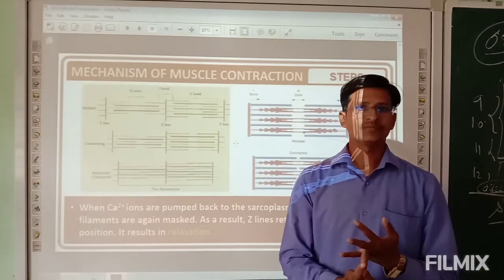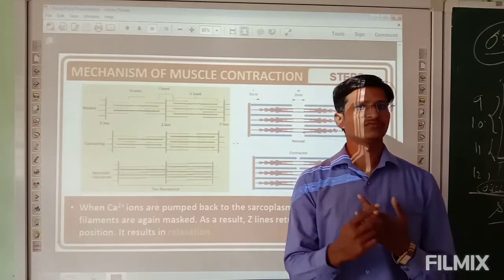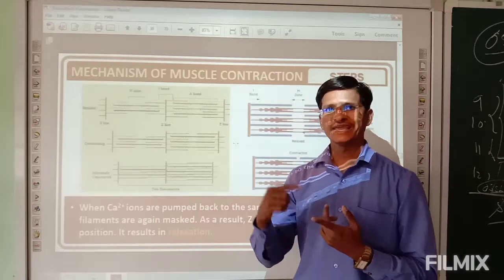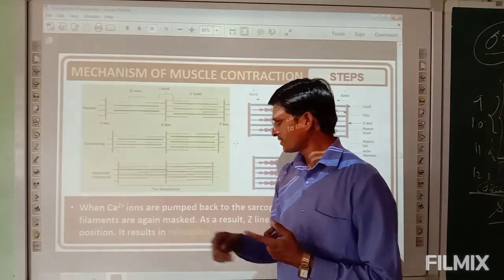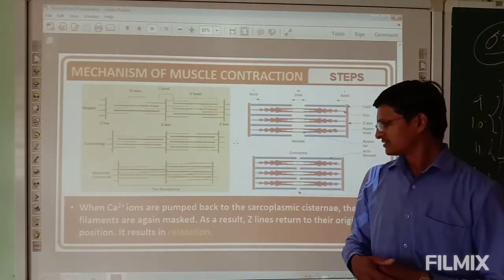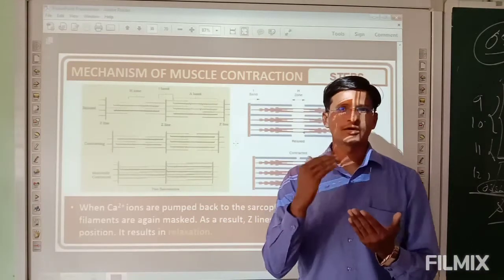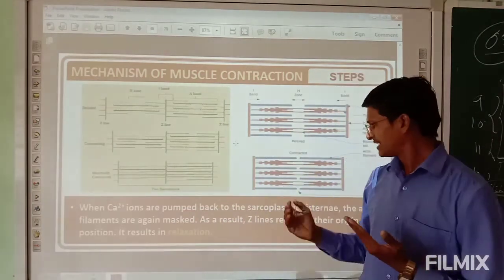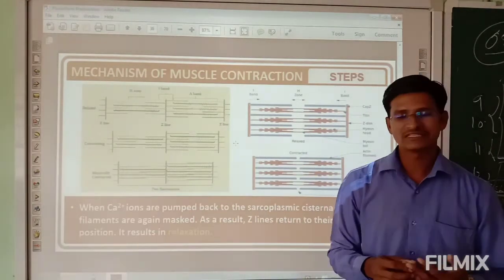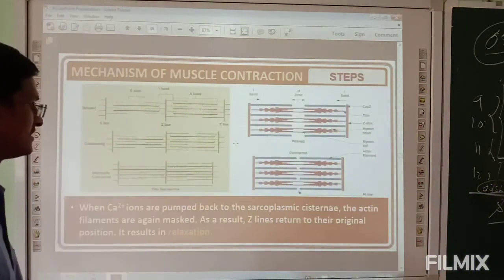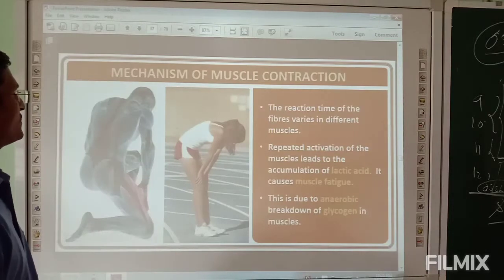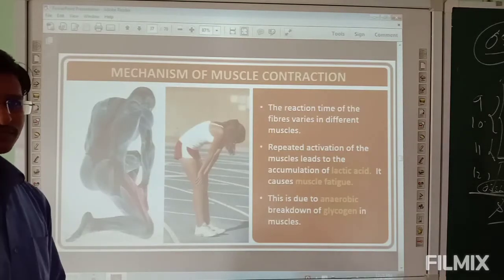Once the contraction happens, immediately relaxation follows, and ATP and calcium play an important role here. You can see the calcium ions are pumped back to the sarcoplasmic cisternae. All the main things take part in muscle contraction.